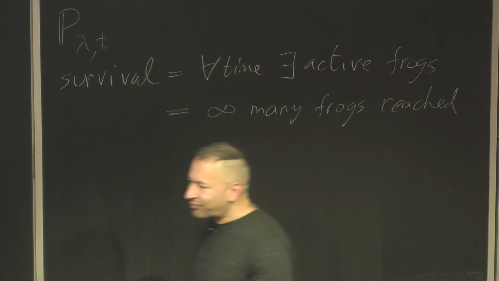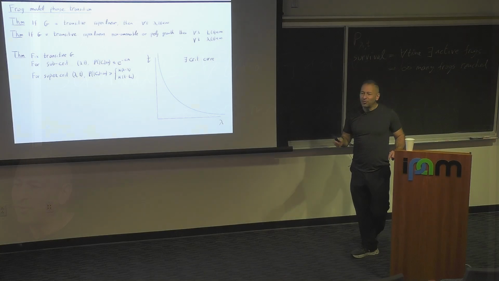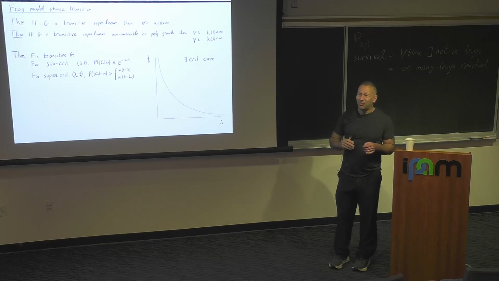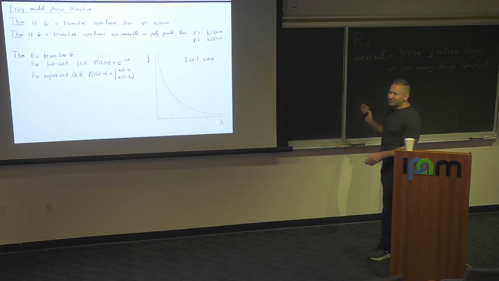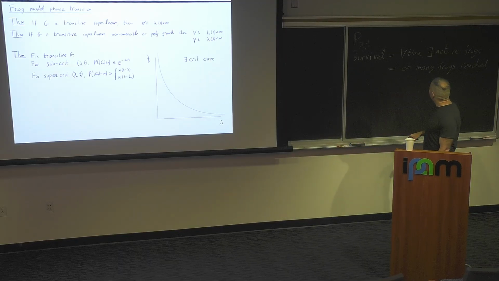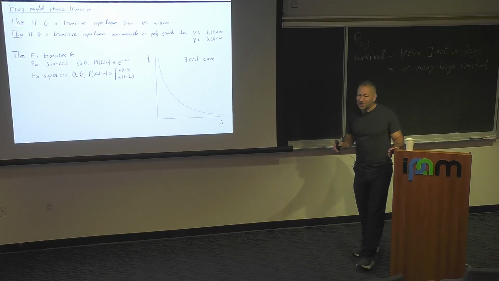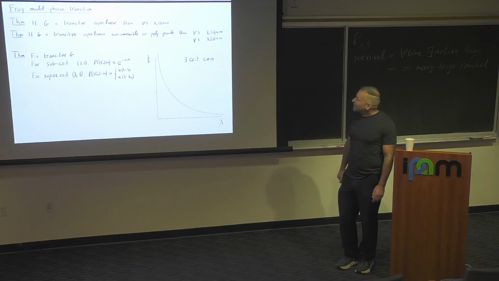Of course, you can imagine some scenario where infinitely many frogs are activated before time 10 and then they all die. But that's not going to happen. That's easy to show. So if the process survives, then there will be infinitely many frogs activated and vice versa.